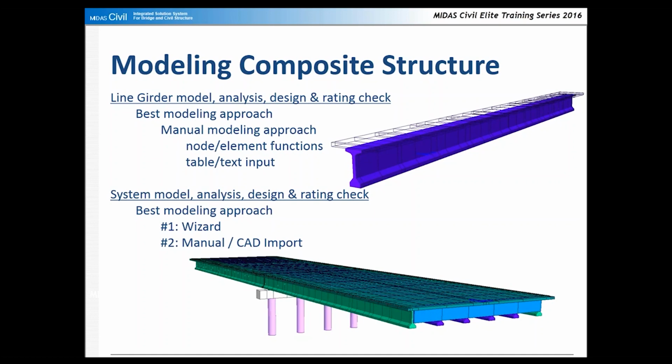The best modeling approach for this is manually modeling using node and element functions or the text and table input. The benefit of the line girder model is that it's very simple.